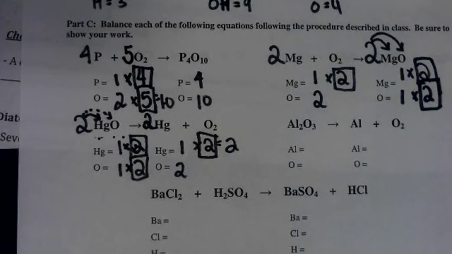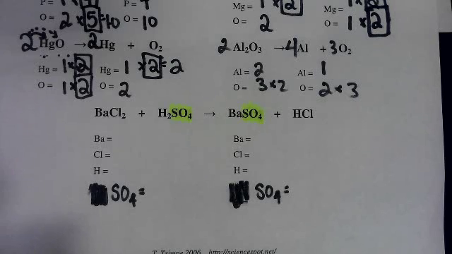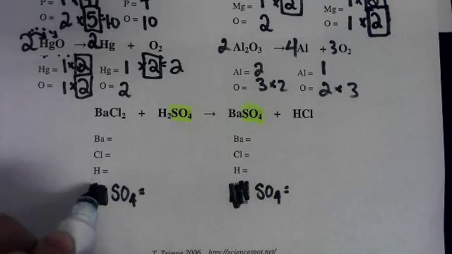Please pause the video and complete the final 2 problems on this side. In the final example, SO4 is a polyatomic ion. You can actually keep that all grouped together. So you can see I crossed out the S and the O individually and made that SO4.